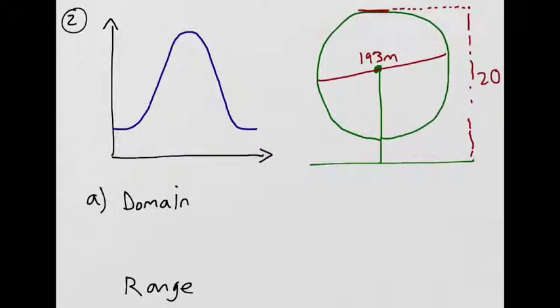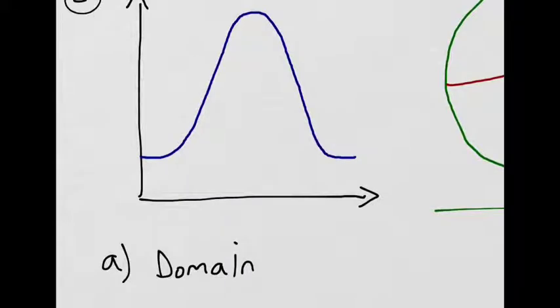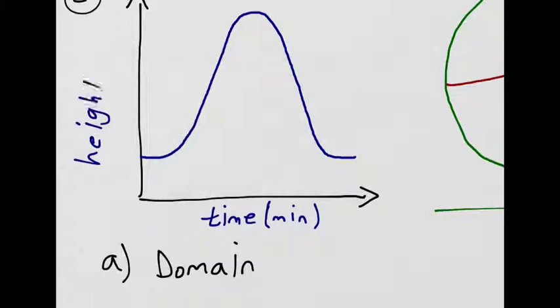Alright, oh sorry, I should add some labels to this diagram here. Add some labels to your own diagram on the one that I drew for you in your notes. This is going to be time in minutes, and the y-axis is going to be height in meters.